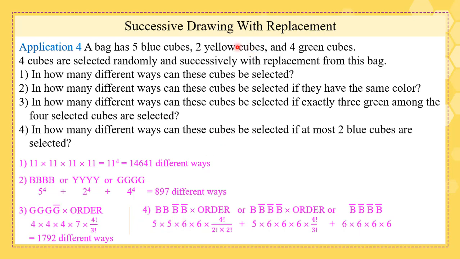This 6 is the number of non-blue cubes times the order, which is 4 factorial over 2 factorial, 2 factorial. And then 1 blue is 5, non-blue is 6 multiplied by itself 3 times the order. And in the last case, we have 6, 6, 6, 6. And remember, we don't have any order. So this would be 1,016 different ways.